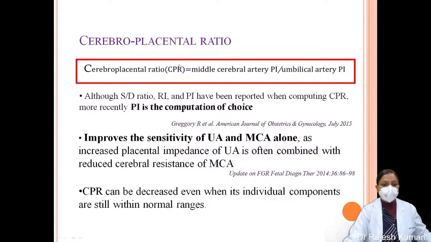Although SD ratio, RI and PI have been reported when computing CPR, more recently PI is the computation of choice and improves the sensitivity of umbilical artery and MCA alone, as increased placental impedance of the umbilical artery is often combined with reduced cerebral resistance of the MCA. CPR can be decreased even when its individual components are still within the normal range.